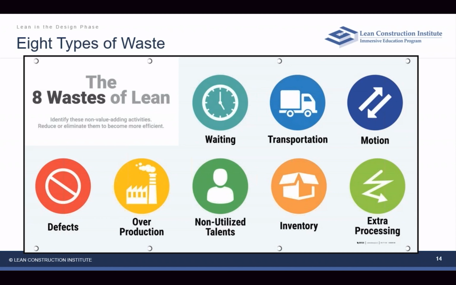So I'm not going to go through each one of these. There's a lot of opportunities. You can go to YouTube, you can go to Lean LCI. There's a lot of opportunities to learn more about the 8 wastes, but these are core foundations. And when we say waste, just a side note, when we talk about our work and we say that there's waste, it can feel kind of offensive.